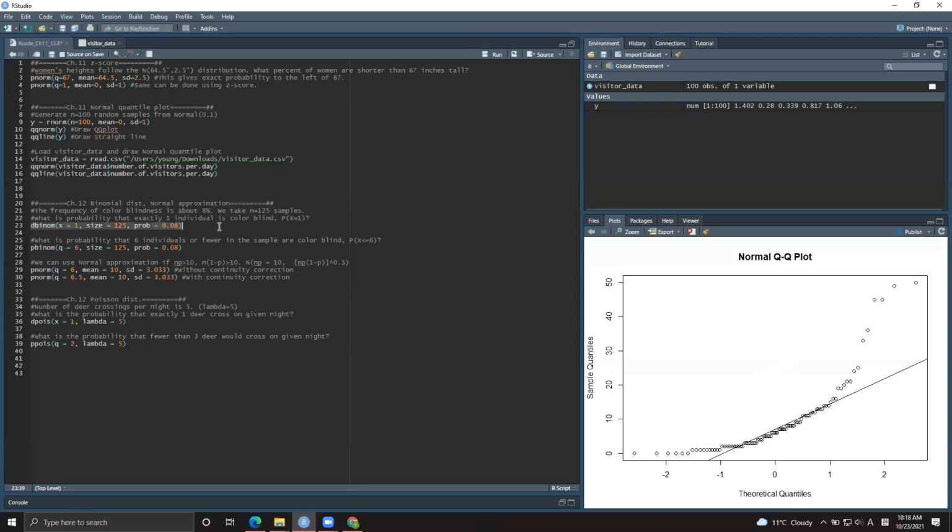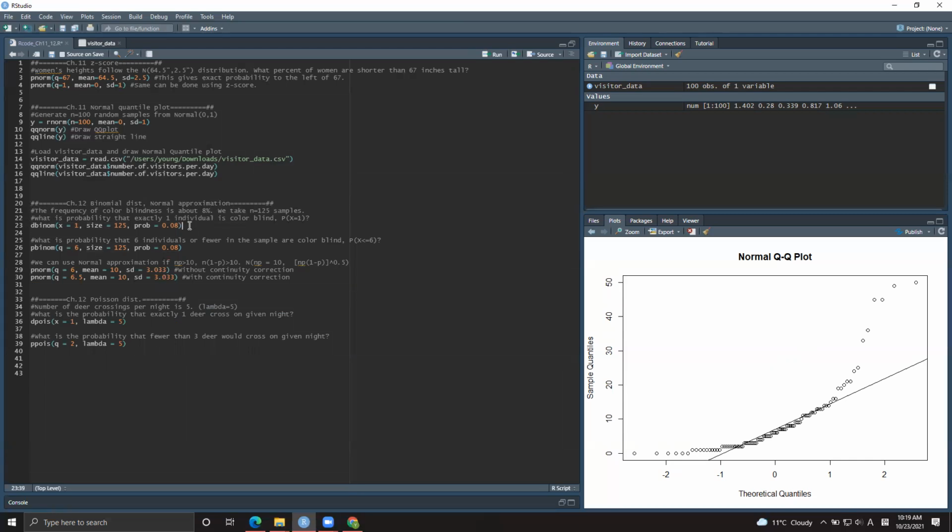If you do dbinom, as you can see, this binom again stands for binomial, and this d is going to give you an exact probability at a specified point. We want an exact probability at X equals 1, right? So we put X equals 1 here, and we put our size, which is n equals 125, and we need to specify the probability of color blindness, which is 0.08.